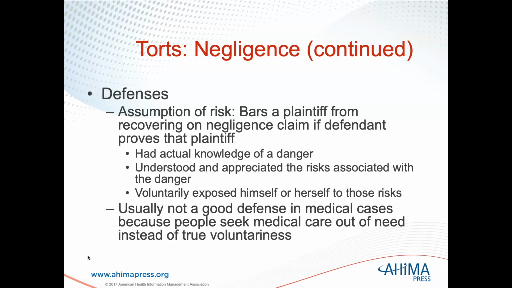There's all these things that have to be laid out. And if you can prove that they were laid out in advance, then the plaintiff can't recover on a negligence claim. But they can if they say, I didn't know, you didn't tell me about any of the risks, or I was forced into this.